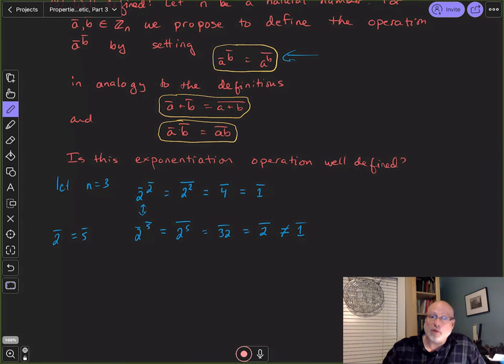So this is a good example of this notion of well-defined. Well-defined is something that should be provable. But as we've talked about in previous chapters, proving something can take a little bit of effort. Disproving something just needs a counterexample, and we've shown one. So it turns out, no, this is not well-defined.